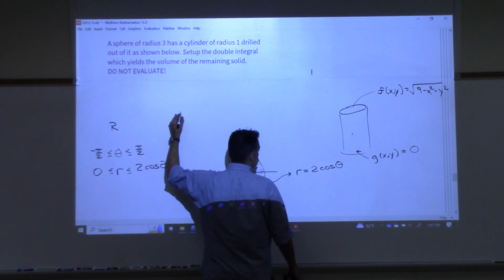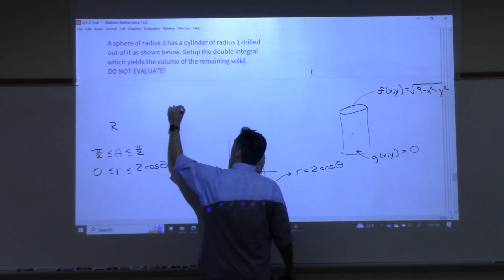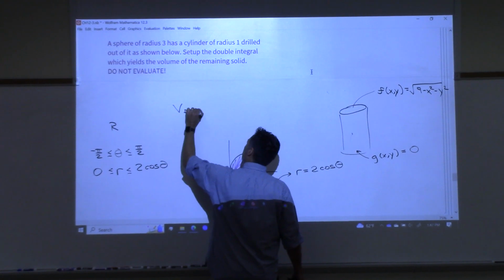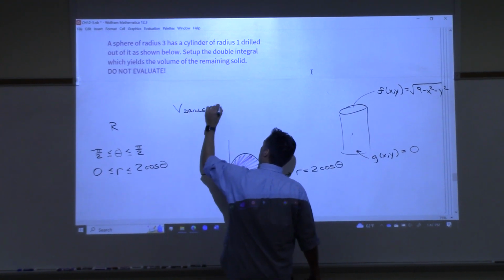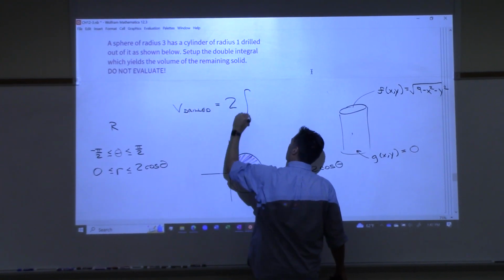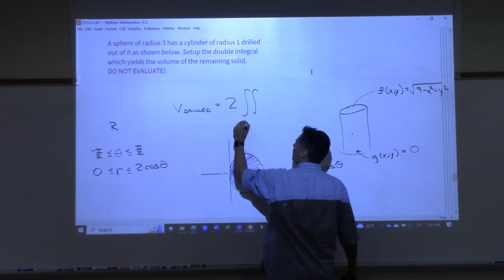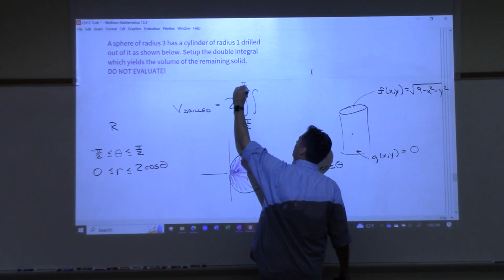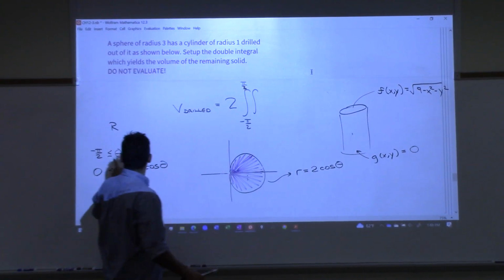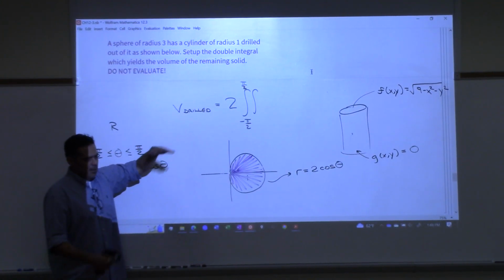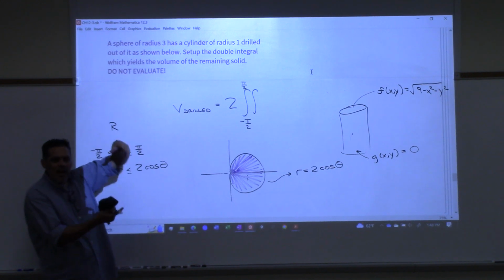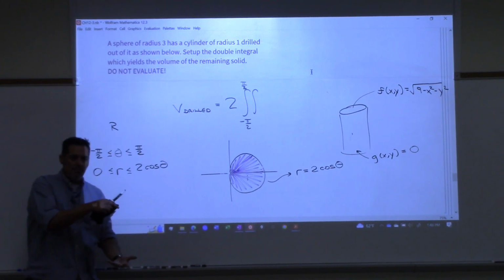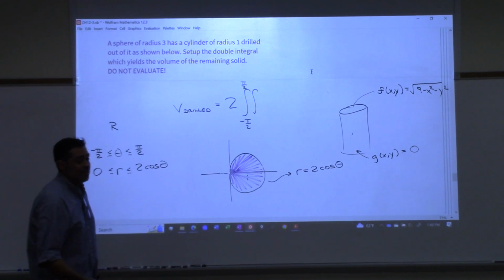So the volume of the drilled part will be equal to double the double integral from negative pi over 2 to pi over 2. Why did I put that 2 out front again? We're only doing the top half that we drilled out. I'm putting the 2 in now to account for the bottom half that is symmetric.